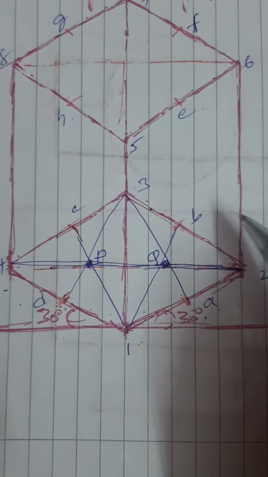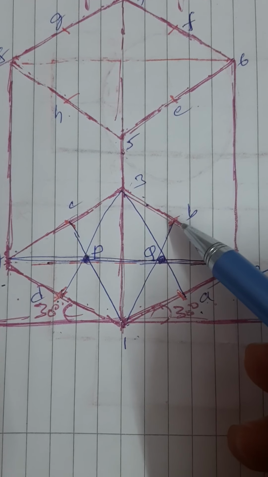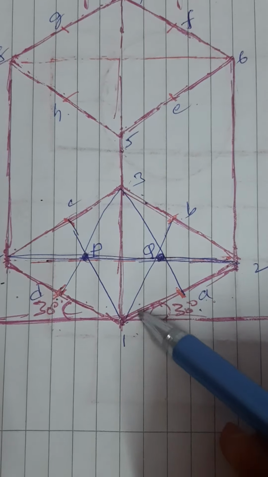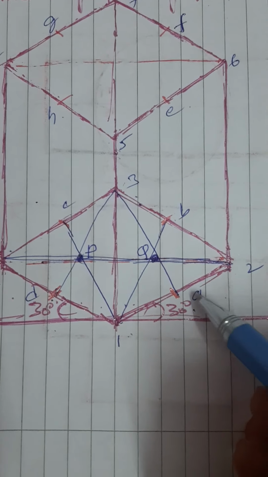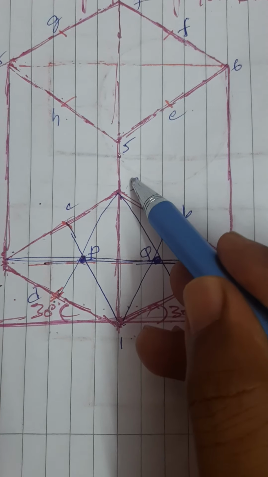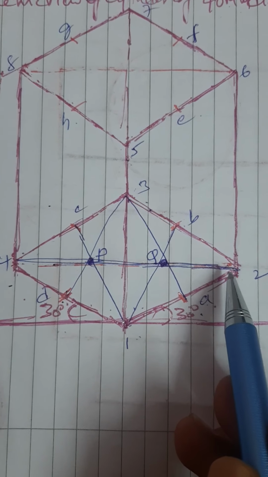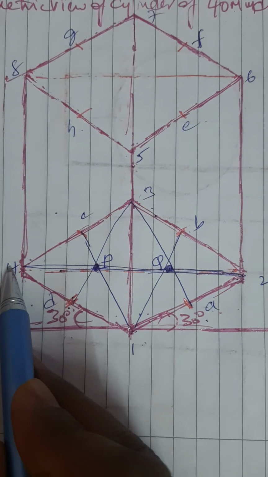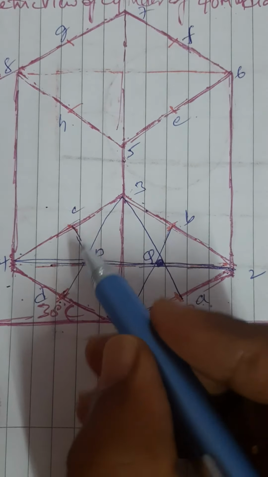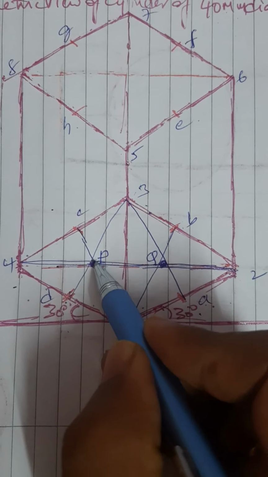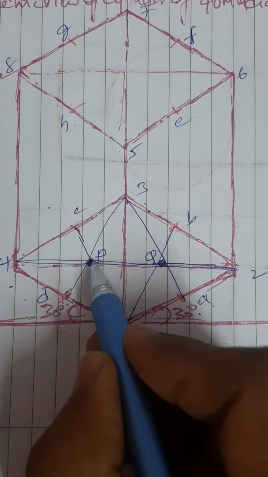I am repeating again. I just joined the points C, B with 1 and next A, D with 3, and next I drew the longest diagonal 2, 4. So here I got one intersecting point for the left portion as P and the right portion as Q.